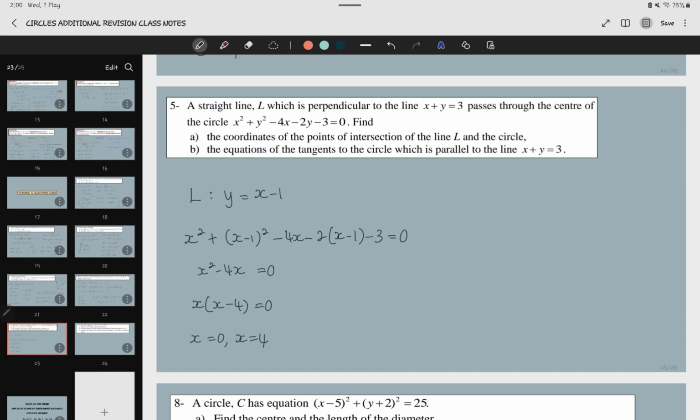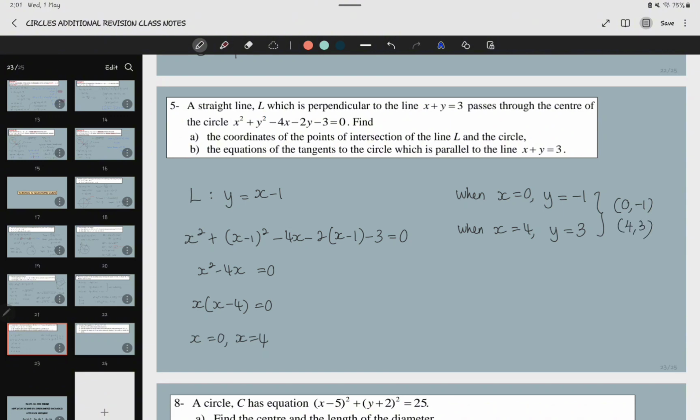Two points here. Now that you have your x, you substitute into either equation, and let's see what the answer is. When x equals 0, y should be negative 1, and when x equals 4, y is 3. So these are the 2 points, but they want coordinates, right? So you write in terms of coordinates: (0, -1) and (4, 3).